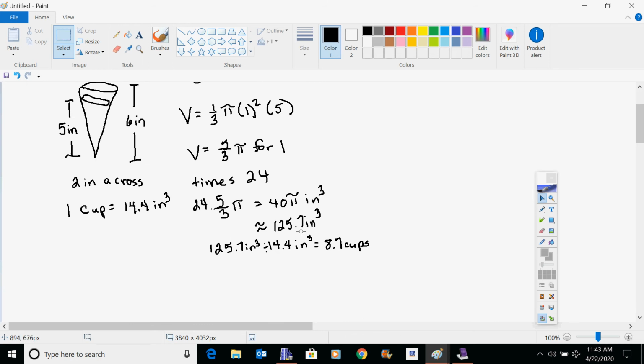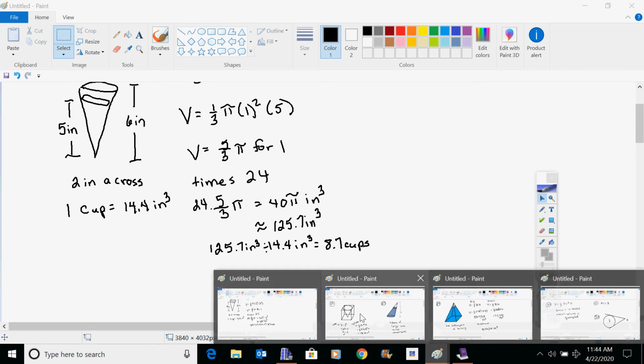Well, that's great, but you're measuring your cupcake batter in cups. So you need to divide that by 14.4, because there's 14.4 cubic inches in each cup. What that leaves you with is how many cups you need, which is 8.7 cups of cupcake batter.